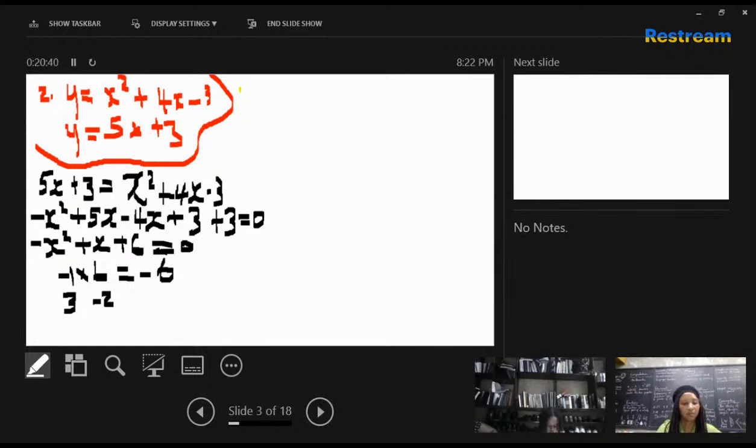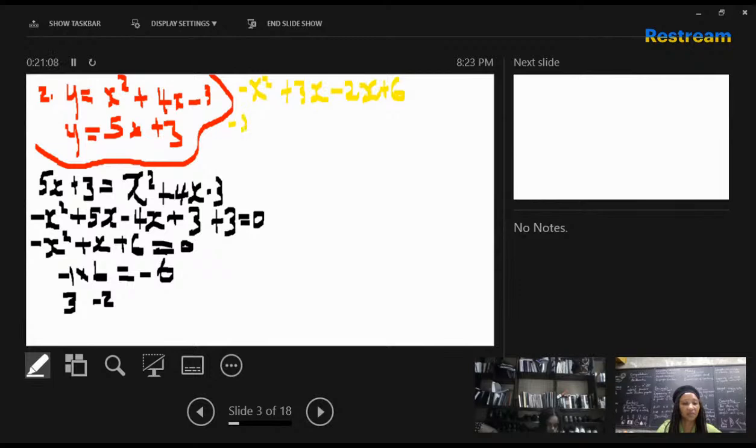So we put that back into the equation where the x is. So it'd be negative x squared plus 3x minus 2x plus 6. The common term here is negative x.